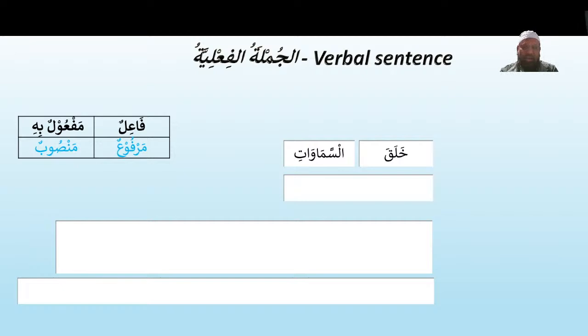But is the fa'il visible in the sentence? Can you see the fa'il? No. How do you know? Why not? How do you know there is no visible fa'il in the sentence?